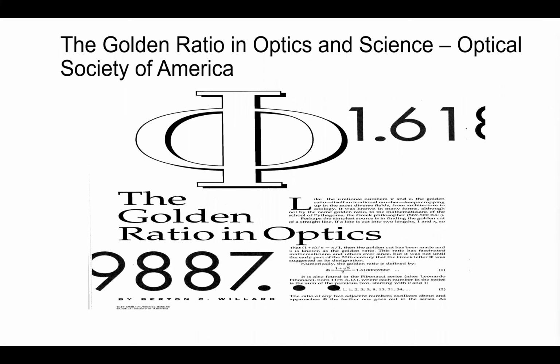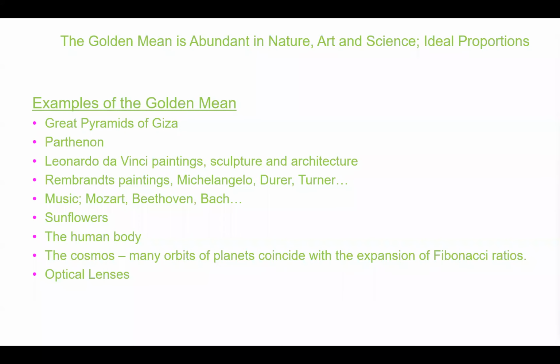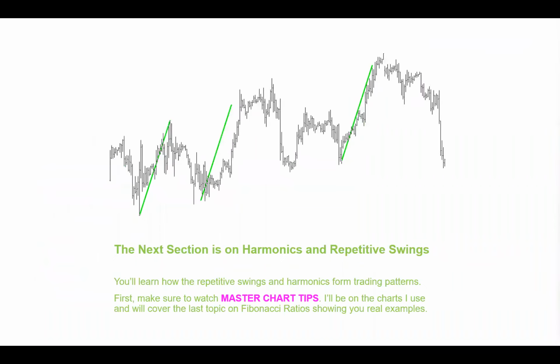So we know that they are present and they are used in many different applications, and they are in the financial markets, and they have harmony and proportion with the swings, and we can measure these swings that are all related with Fibonacci ratios.